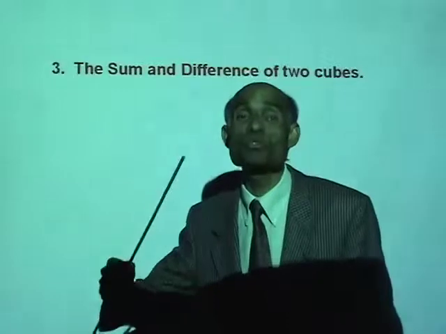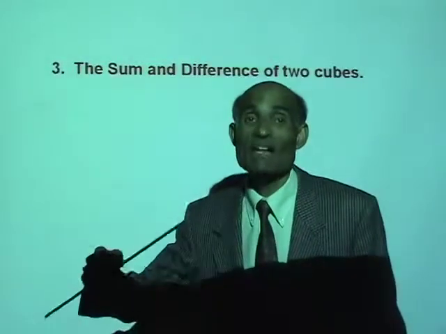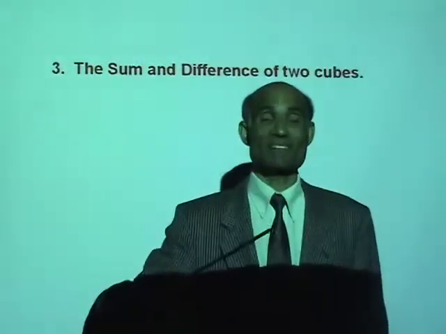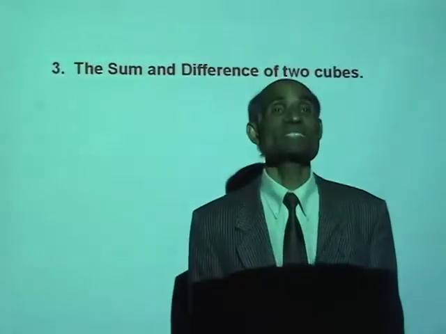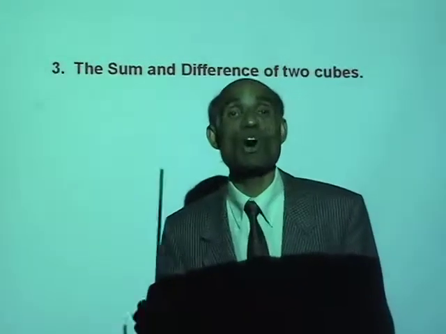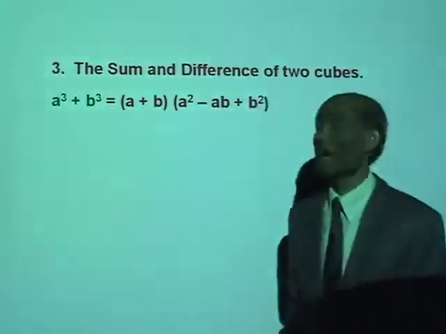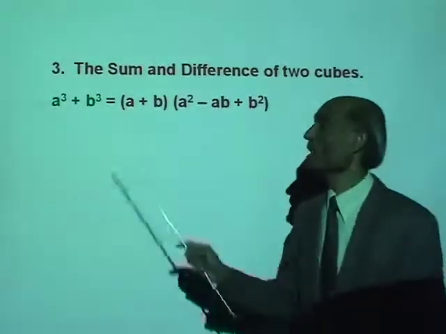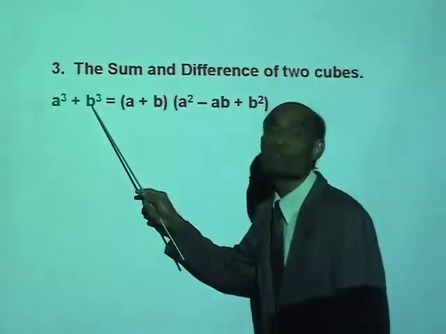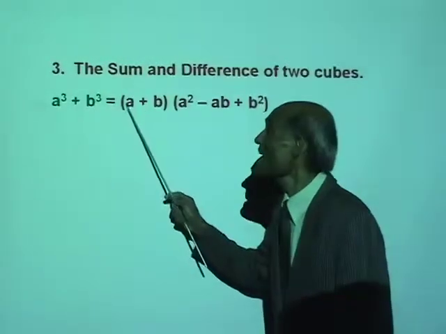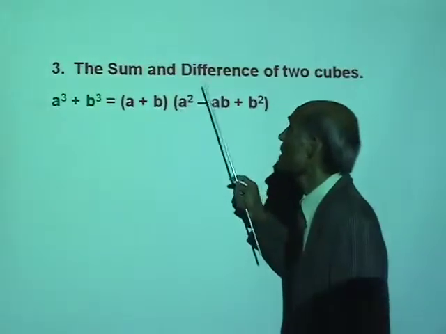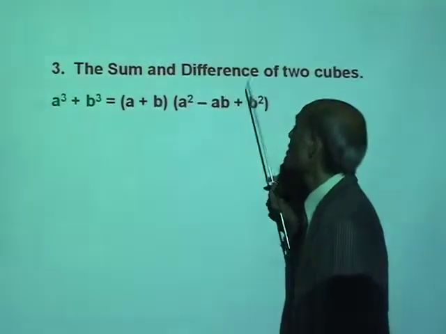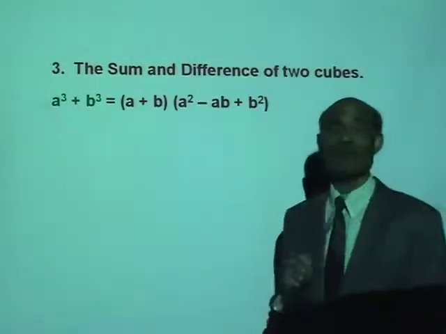What I'm going to do is I'm going to give you the two formulae and ask you to use that in factoring the sum and difference of two cubes. For example, you need to learn this formula. Keep that with you. A cube plus b cube is a plus b times a squared minus ab plus b squared.